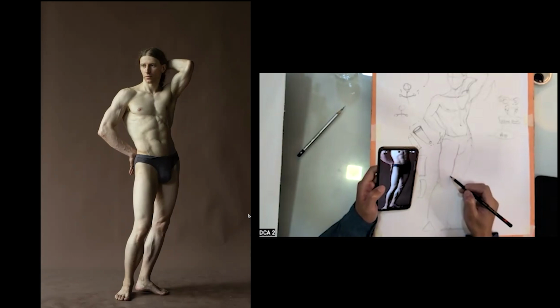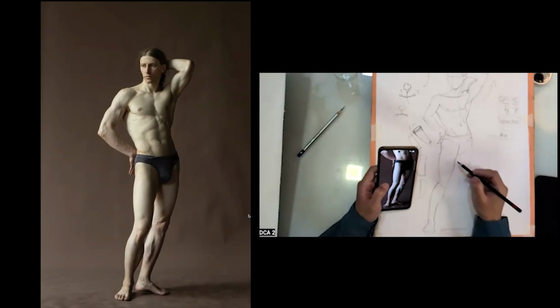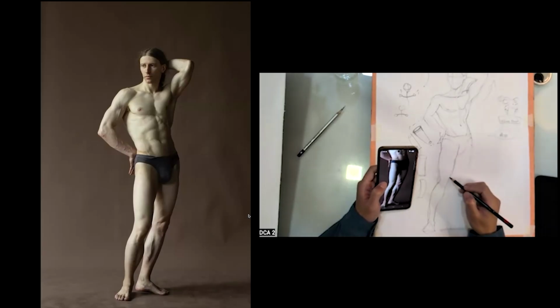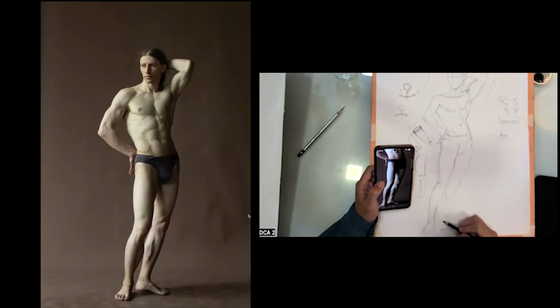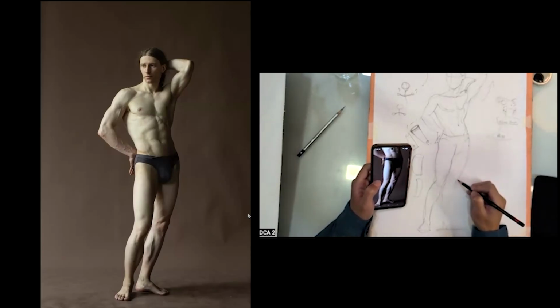And then the knee. It goes bumpy on this side.